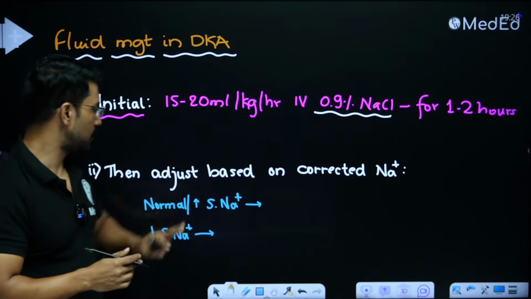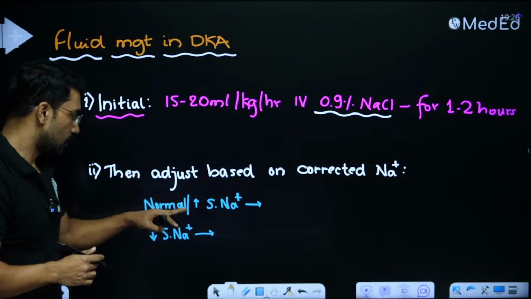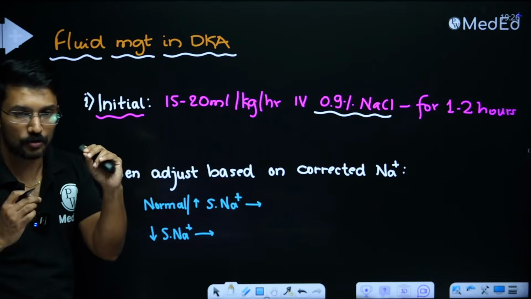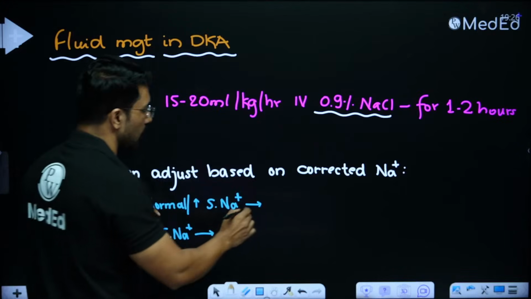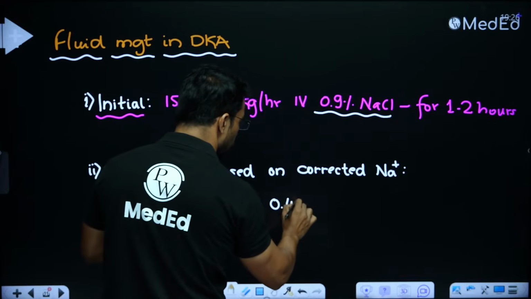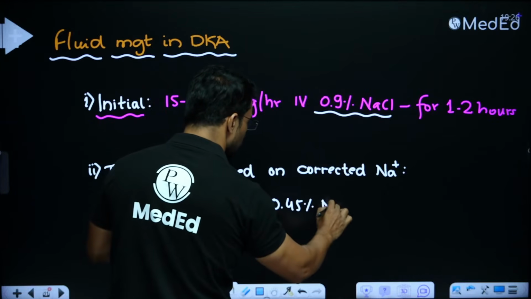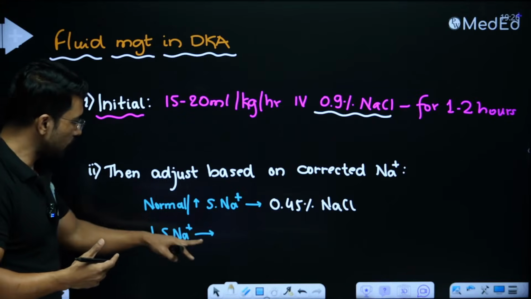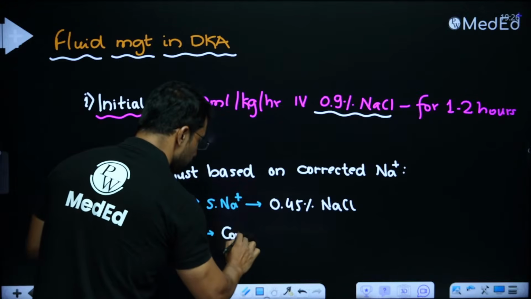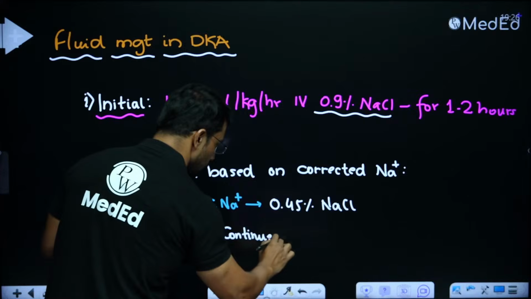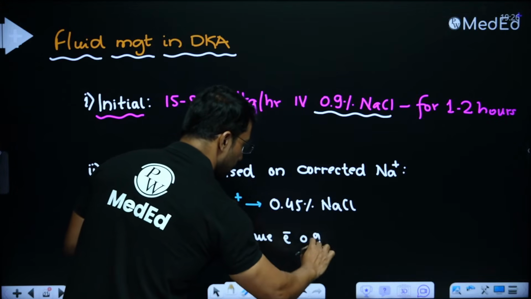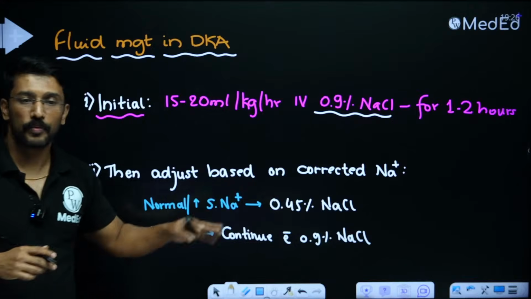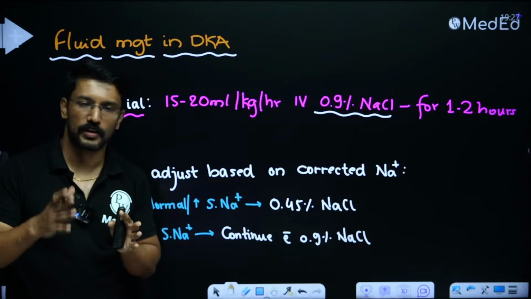Once I get the serum sodium, if it is in the normal range or increased, in that case I will switch to 0.45% sodium chloride or half normal saline. But if the serum sodium is low, then we will continue with 0.9% sodium chloride. Now what will the infusion rate be, how much per hour I should give, that depends on various factors.